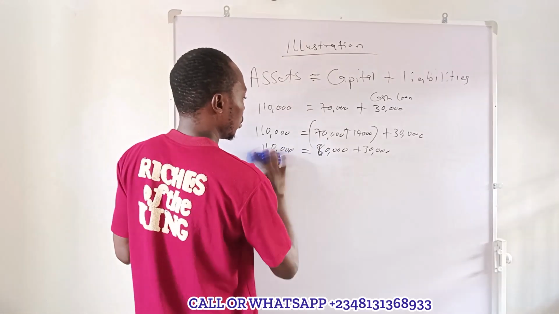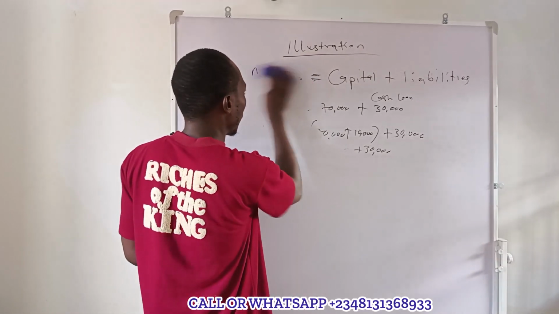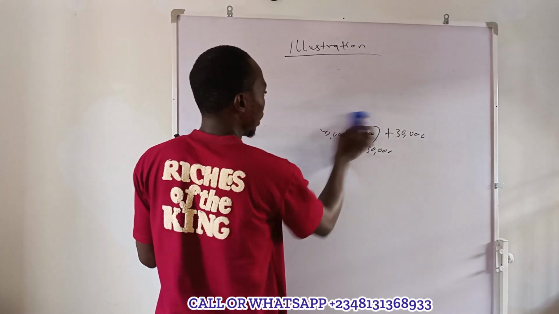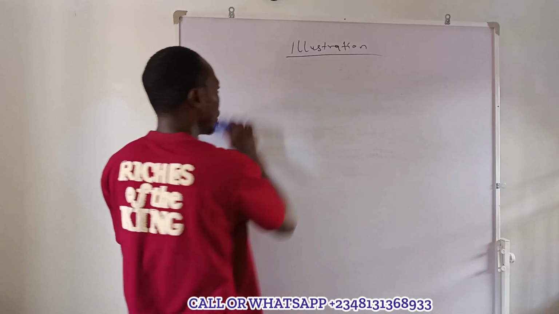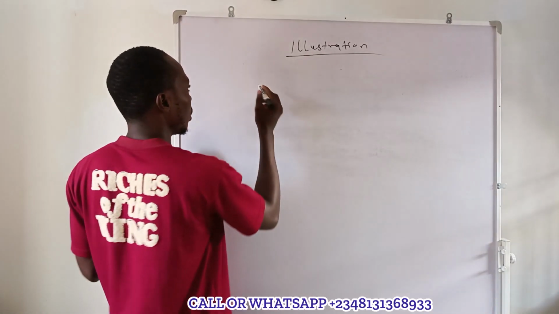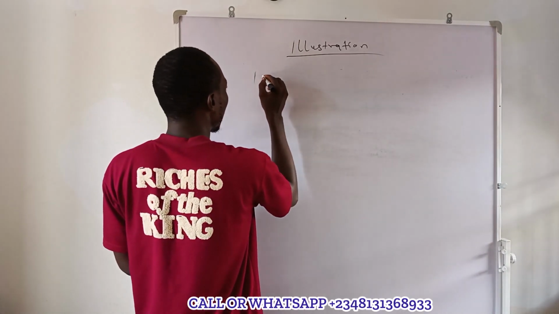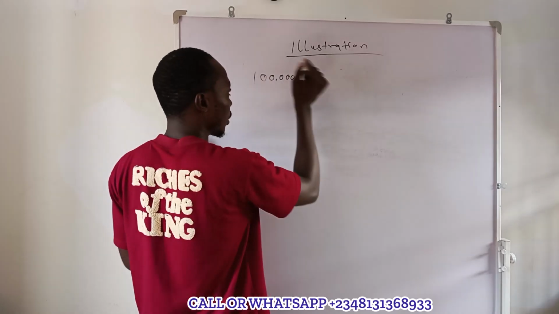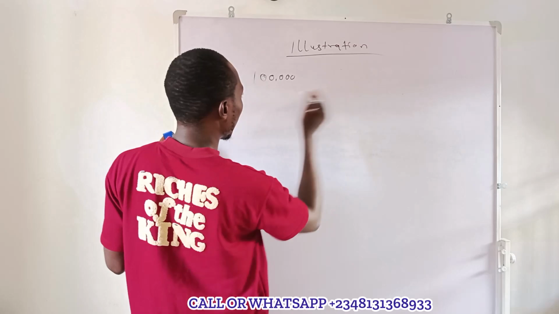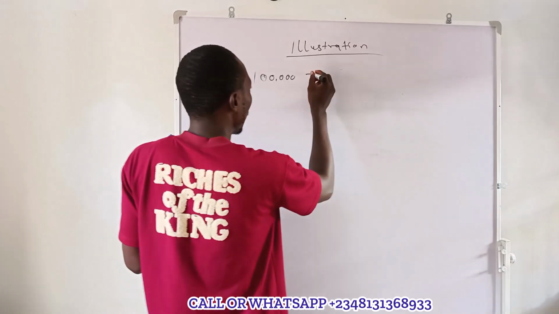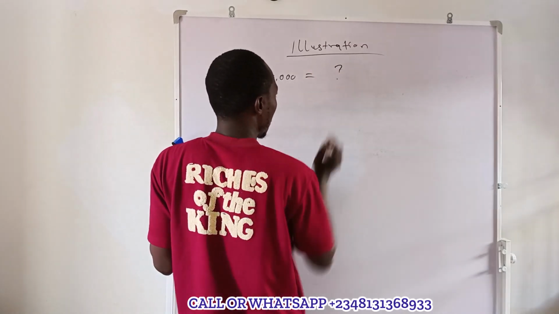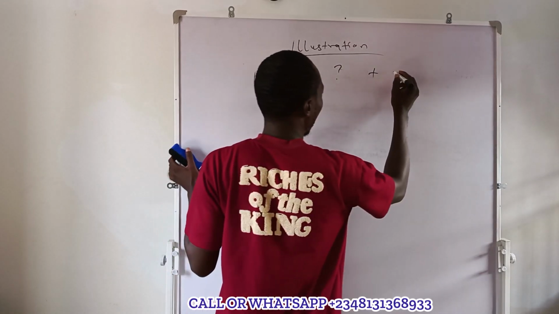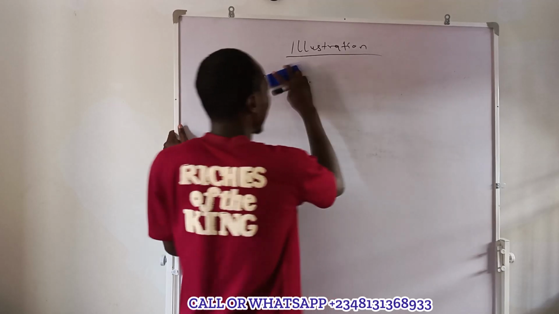So having said that, that is why you see that if you see an accounting question that is saying 100, and let me use 100,000, that is after using assets. I was not supposed to claim that asset, capital plus liability, but I have it as you see there's a question mark here.